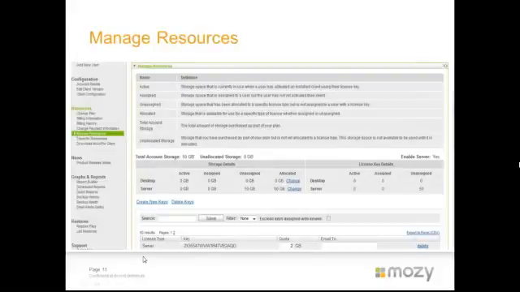So this is the new manage resources section. As you can see from here, you now have a table that outlines your desktop and server storage, and your license keys on the right.